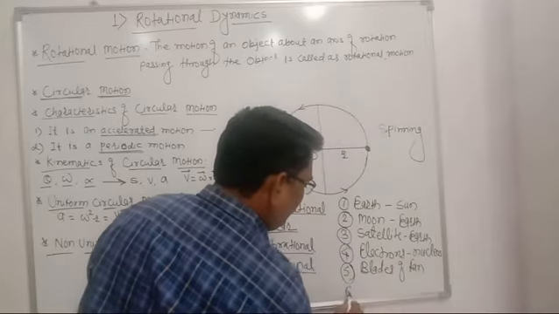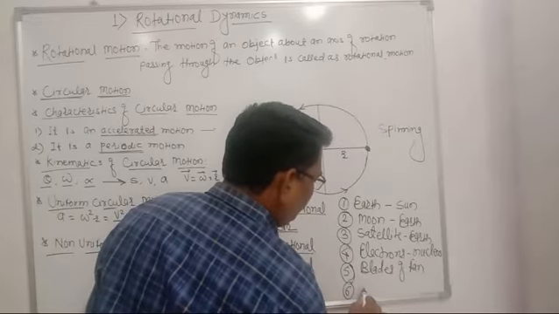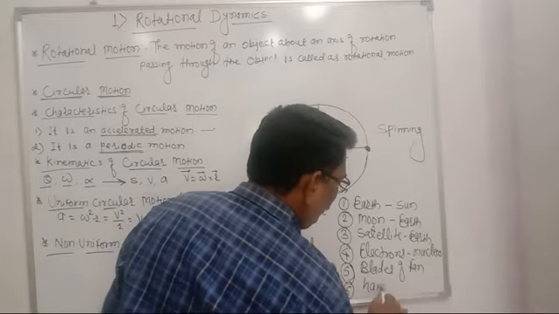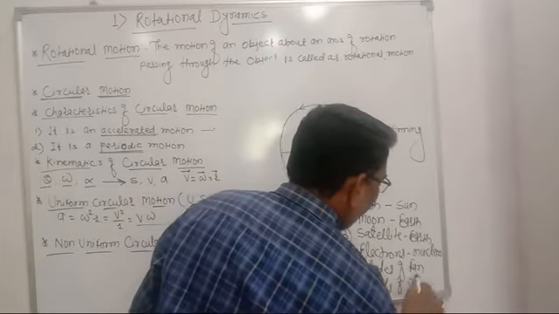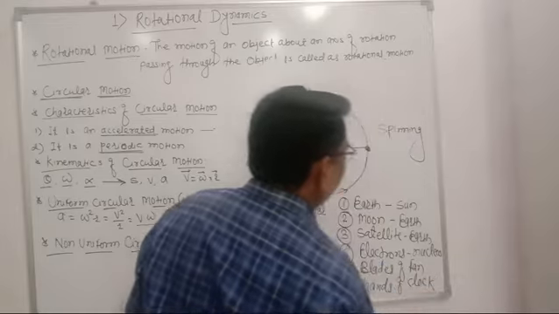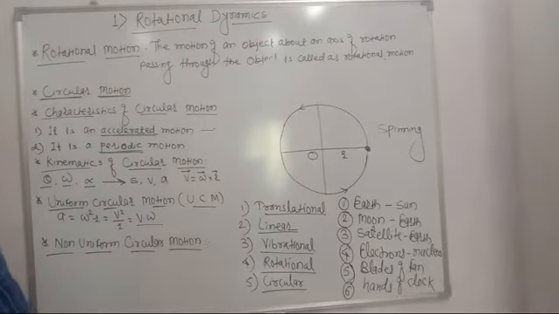Next, the motion of hands of clock. These are a few examples of circular motion.